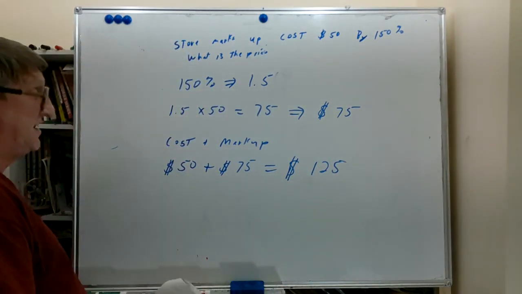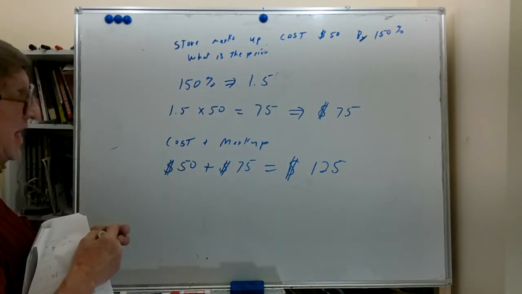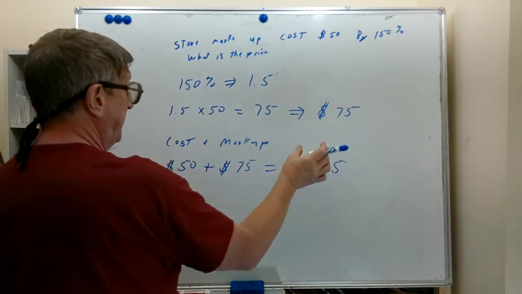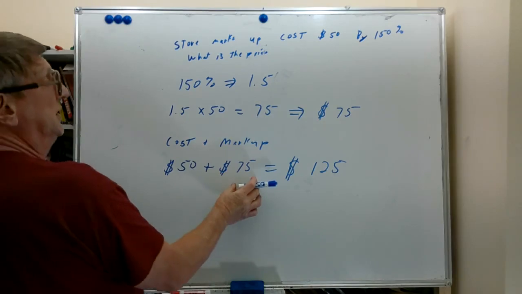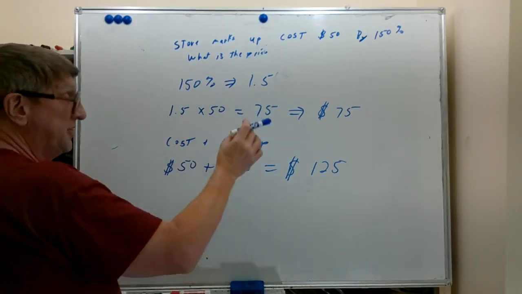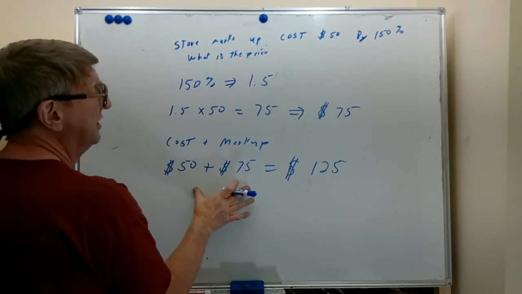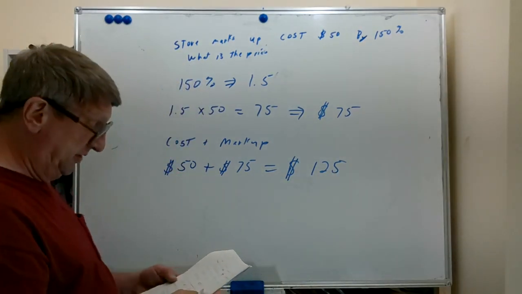So if they have a $50 cost and they mark it up by 150%, that means they increase the price by $75. What they increase the price by, their markup, plus what they paid, their cost, is what we're going to pay, which is going to be $125.